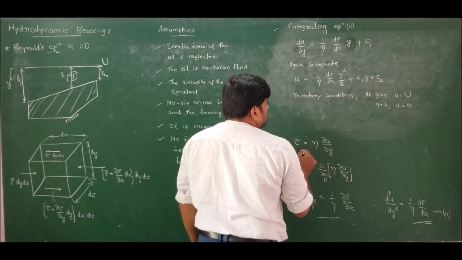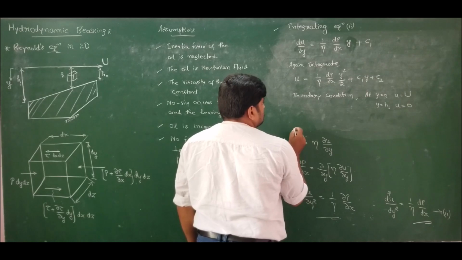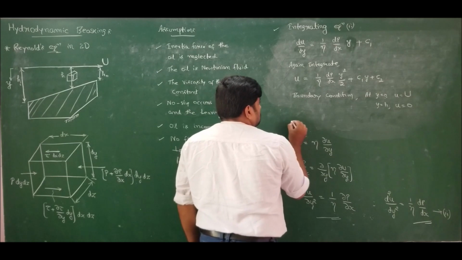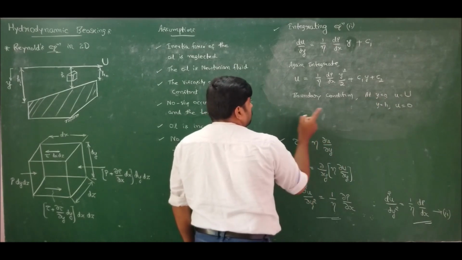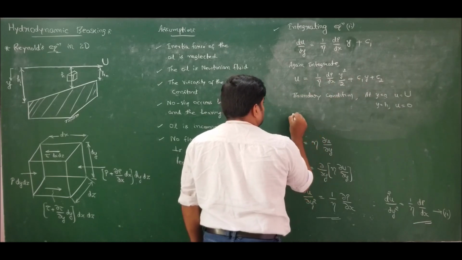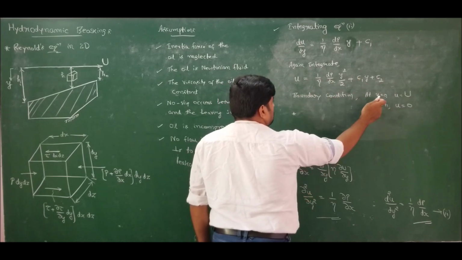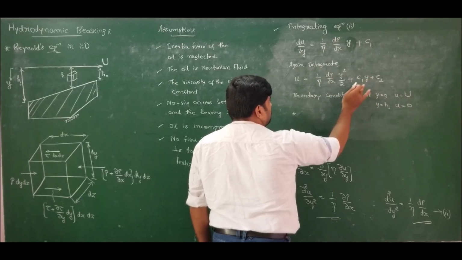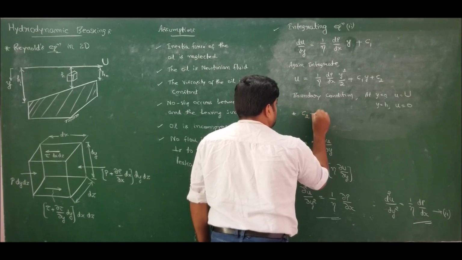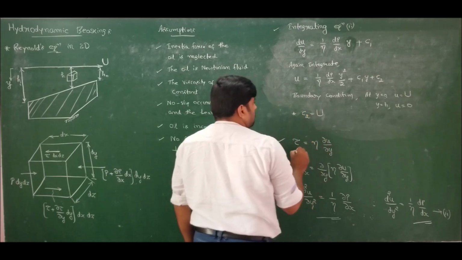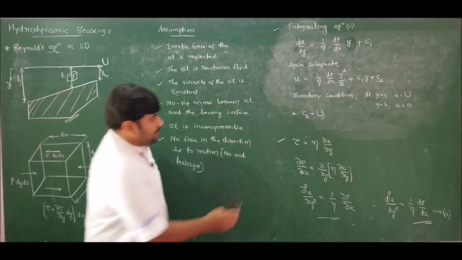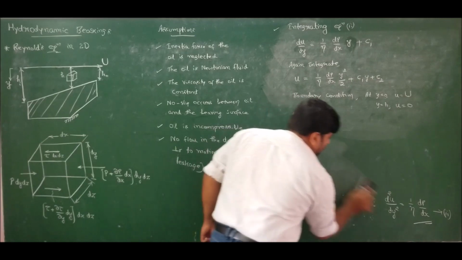Right, so if I substitute and solve, what will I get? From the first boundary condition, velocity will be capital U, put y is equal to 0. These two terms will get cancelled, so C2 will be capital U. Now use the second boundary condition.